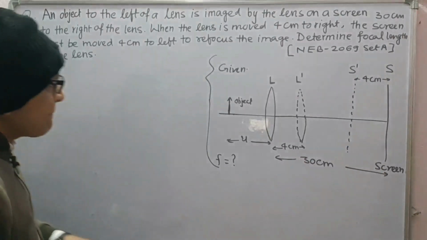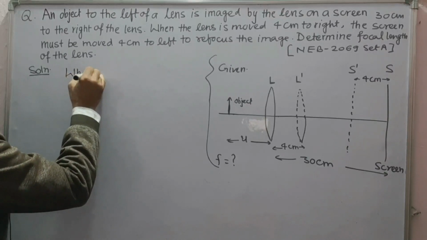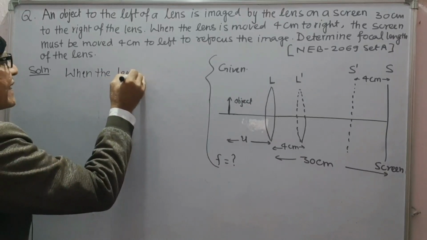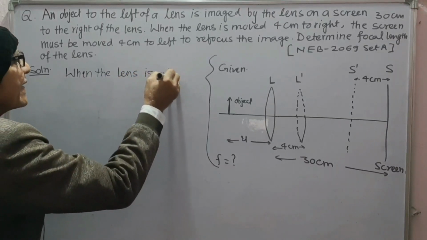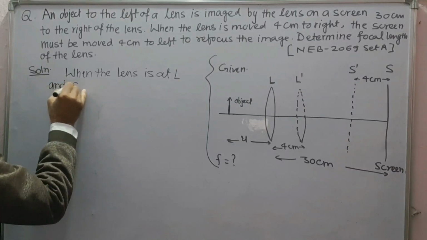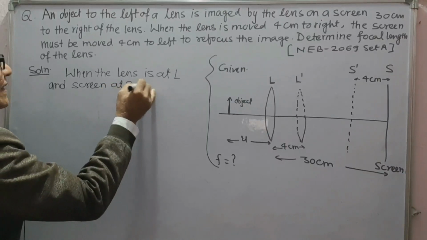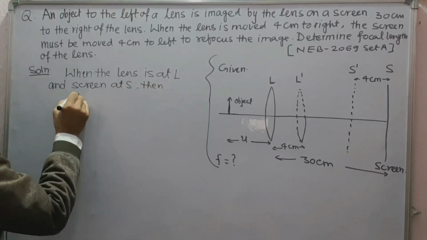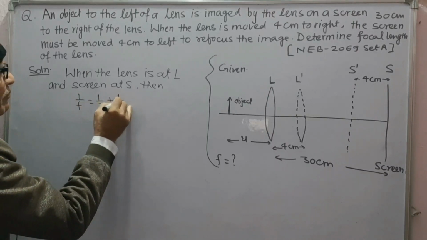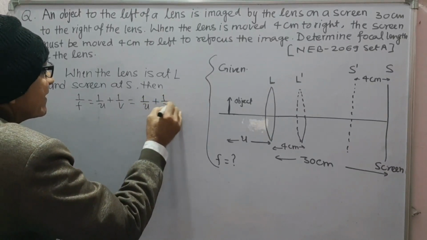So, when the lens is at position L and screen at S, then 1 upon F will be equal to 1 upon U plus 1 upon V, which is 1 upon U plus 1 upon 30.